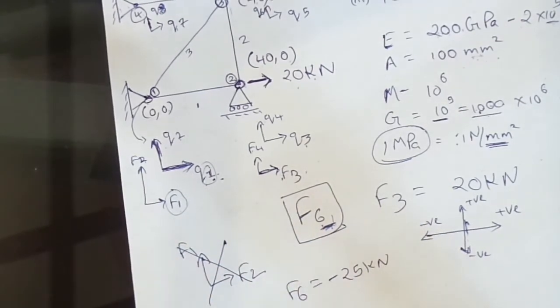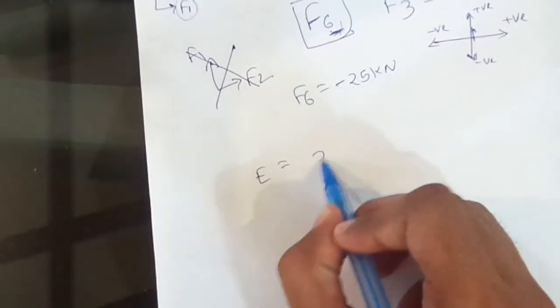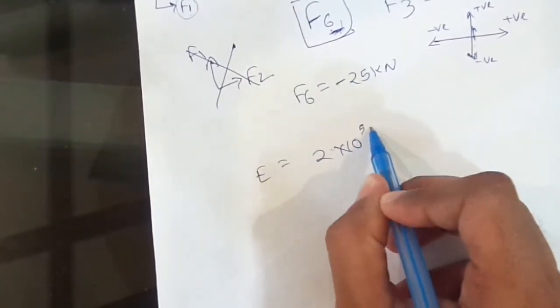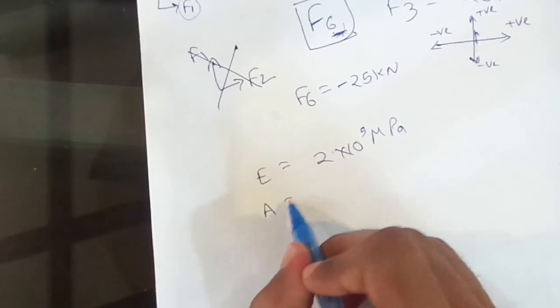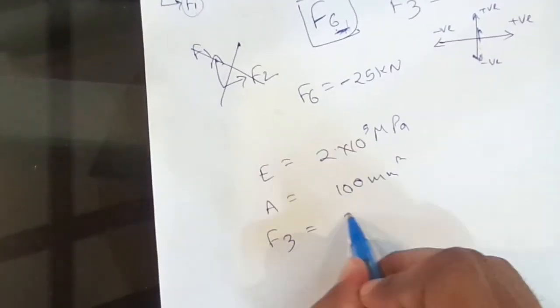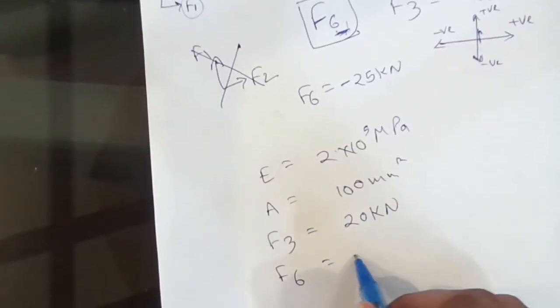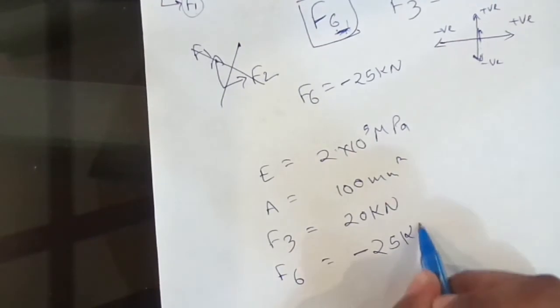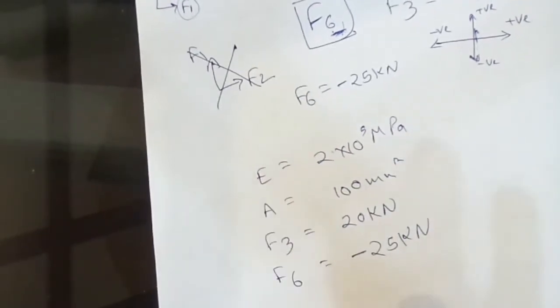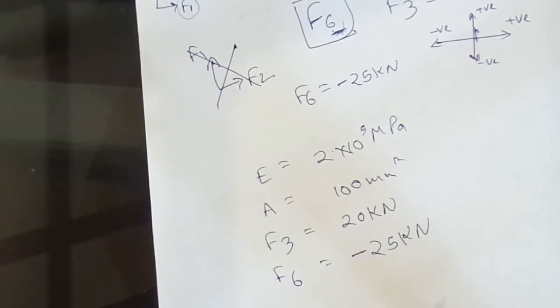So what all values do you have? You know E, 2 into 10 power 5 megapascal. You have converted. You know A, 100 mm square. You know F3, 20 kilonewton. And you know F6, minus 25 kilonewton. Now these values are enough to find the nodal displacement and all the other values, right? So far it is clear.